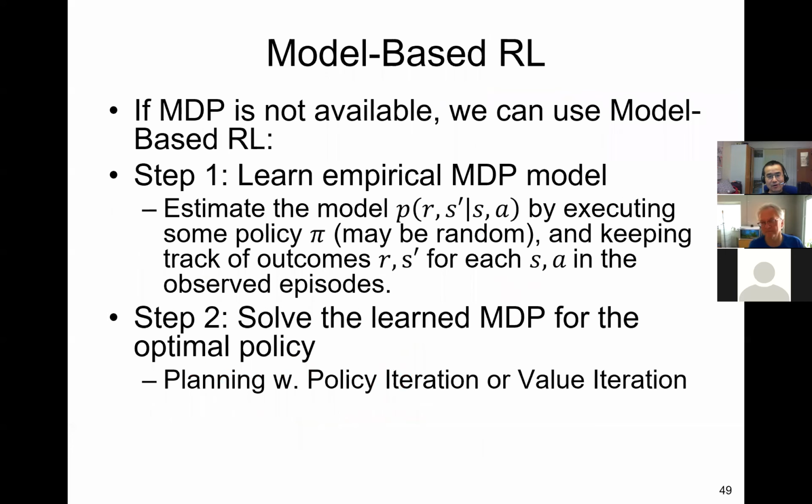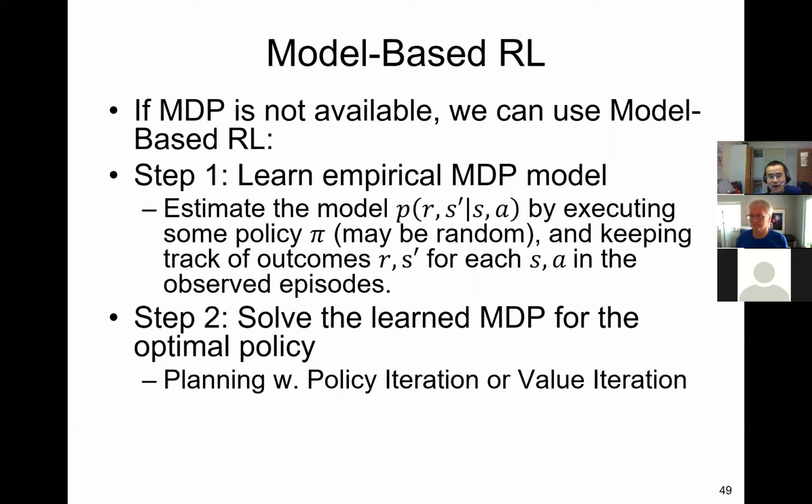So what if you don't have the model? I have been discussing planning based on the MDP model, but if you don't have it, you can use model-based RL by first learning an empirical MDP model, estimating the model P: from a state taking an action, what's the probability of the next state and the reward.